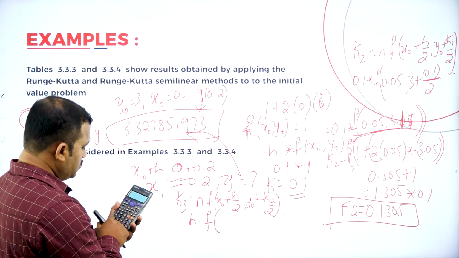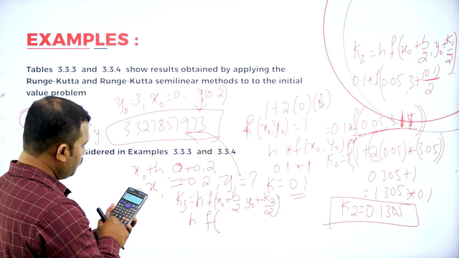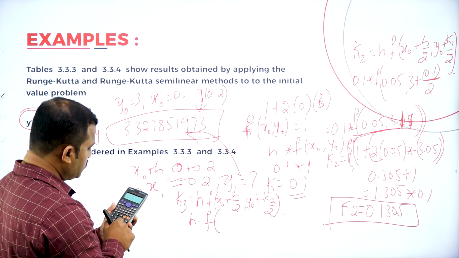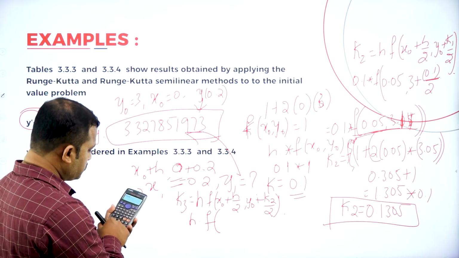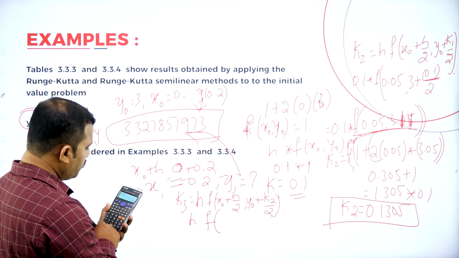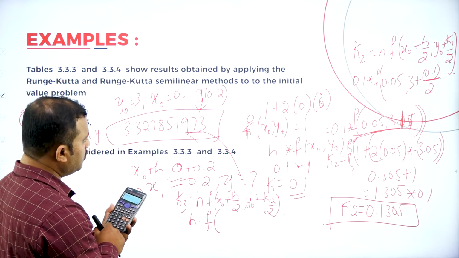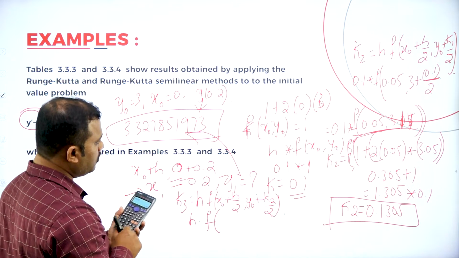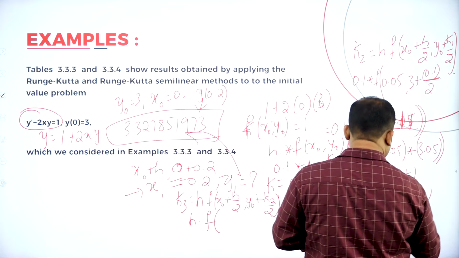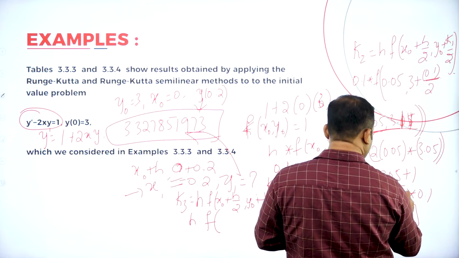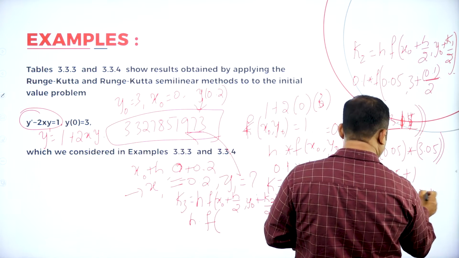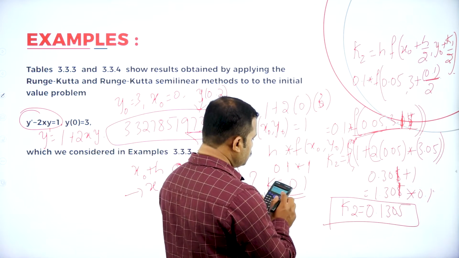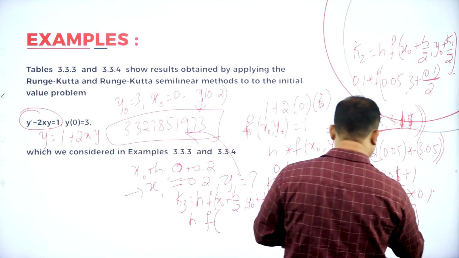So 0.05 into 3.01 is equal to this term, that must be multiplied with 2 to get the value 0.301, plus 1, that is equal to 1.301. This must be multiplied by 0.1, giving 0.1301. This is the value of k2.